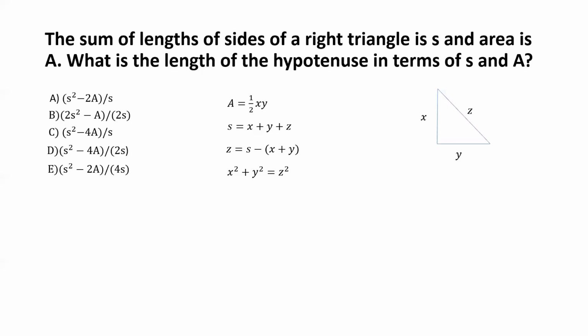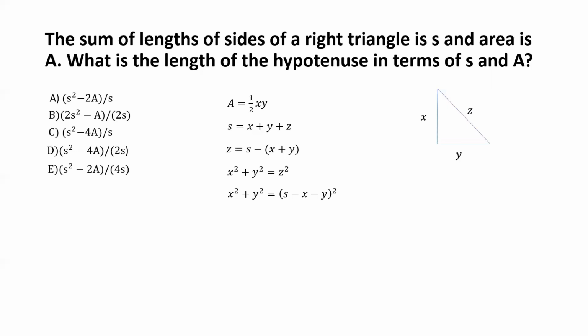So now in this particular equation, if we substitute z equal to S minus (x plus y), this is what we'll get. x squared plus y squared is equal to (S minus x minus y) whole squared. This is just substituting for z in the Pythagoras equation.